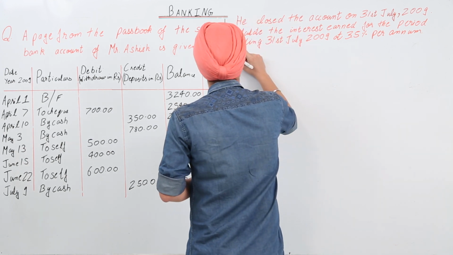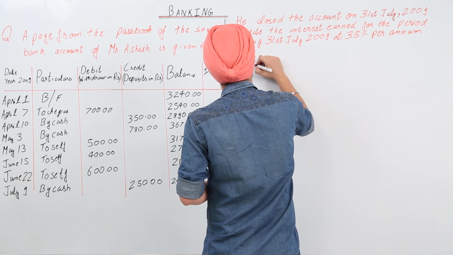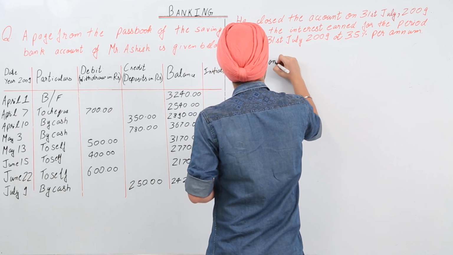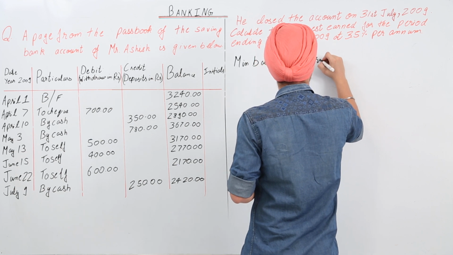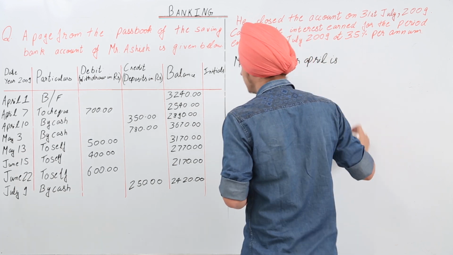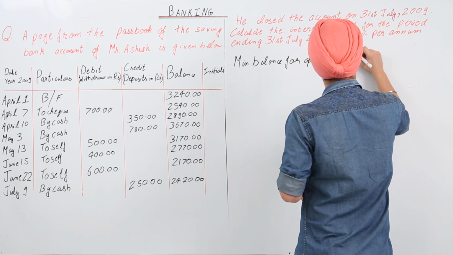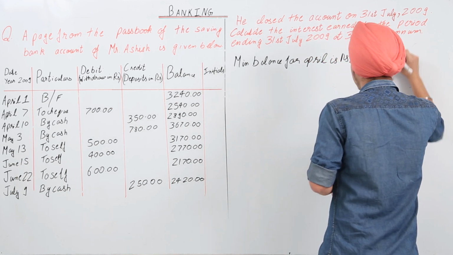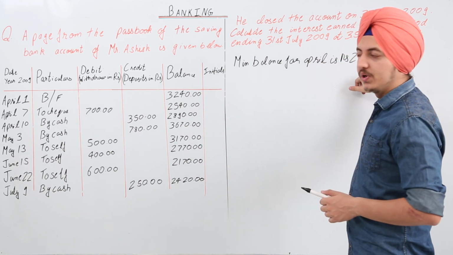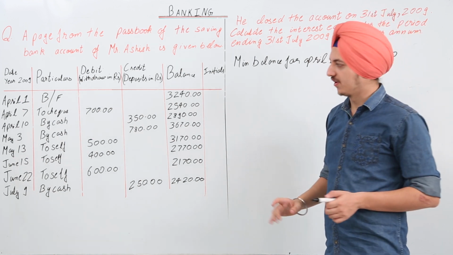So the minimum balance for April is rupees 2890.00. This is the minimum balance between 10th of April to the ending of April month.